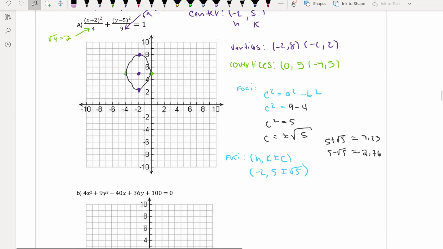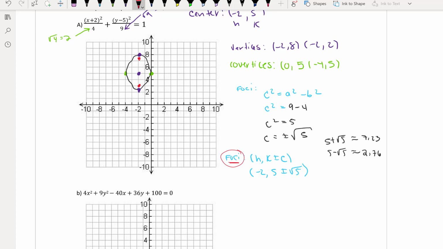So that just helps me to verify where this value is going to be. So at -2, I have about a 2.76. So that's about here for my foci. And then -2 and about 7.23. So that's about there. So those red dots represent my foci.